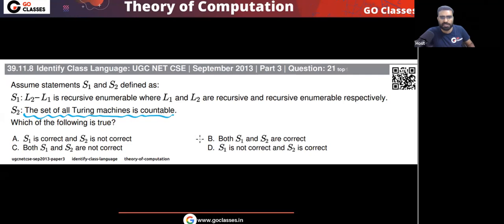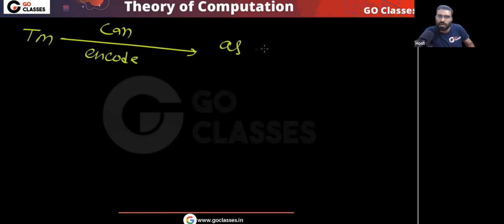Is it countable? Yes, it is countable, because every Turing machine we can encode as a string.